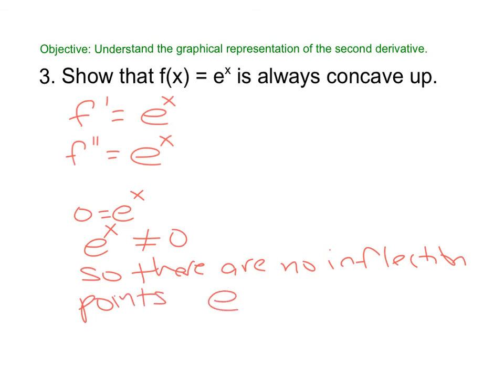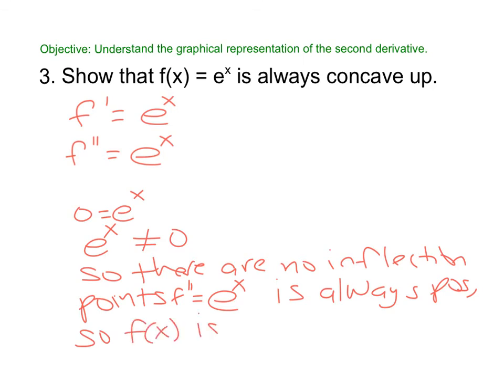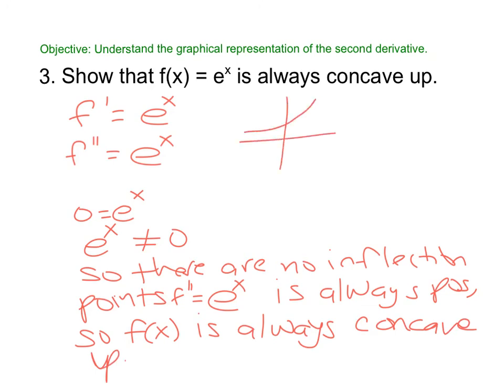E to the x is always positive. So f of x is always concave up. Right. And if we think about the graph, that thing is always concave up. That's a really terrible graph, sorry.